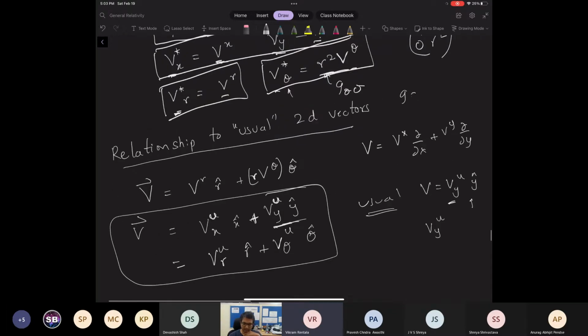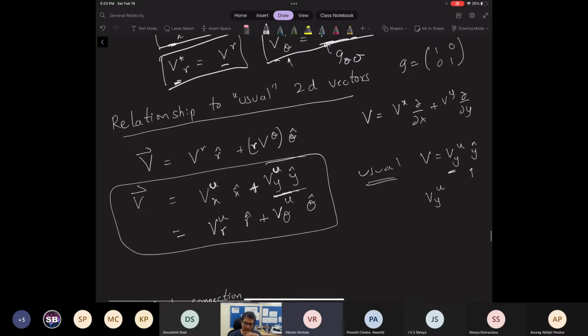Once I tell you that the metric is (1 1 0 0), the magnitude of this vector gets fixed. The magnitude is the square root of g(v,v), which is the square root of vx square plus vy square. This agrees with the notion of magnitude of the vector expressed using the standard Cartesian coordinates.